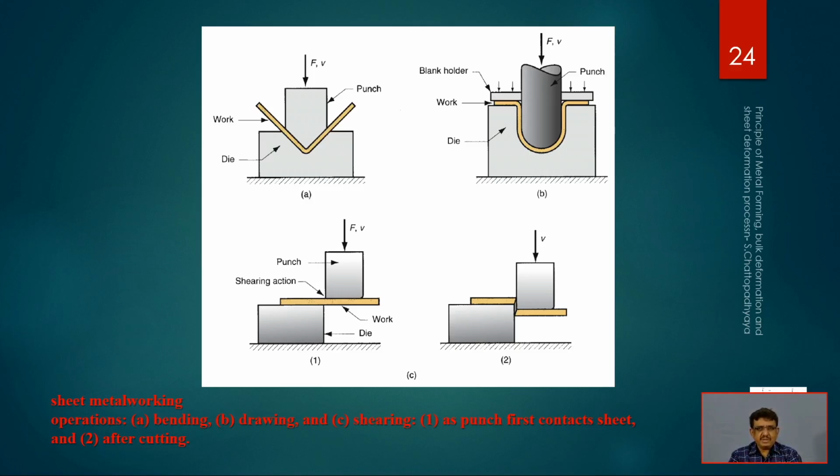Let us recapitulate all those discussions. We have started with the initial metal forming process, what is metal forming and what are the elastic and plastic zones, and we are interested in the plastic zone. Then we have discussed the bulk metal deformation processes, which are rolling, forging, extruding and drawing.